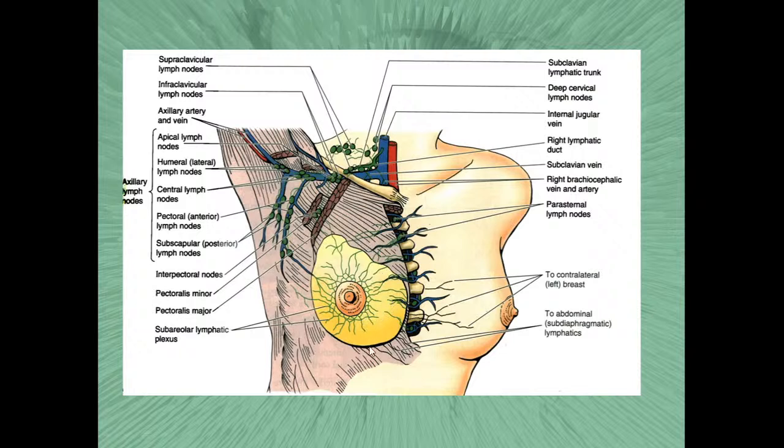From the middle quadrants of the mammary gland, lymph can also drain to the contralateral mammary gland and axillary lymphatic nodes of the opposite side. That's why it's very important to check all these groups of lymphatic nodes in case of mammary gland cancer, breast cancer.